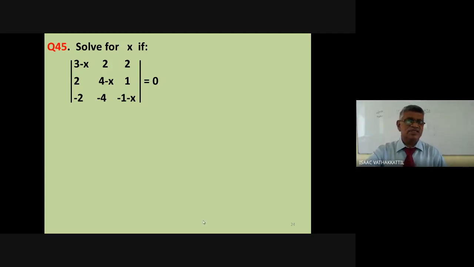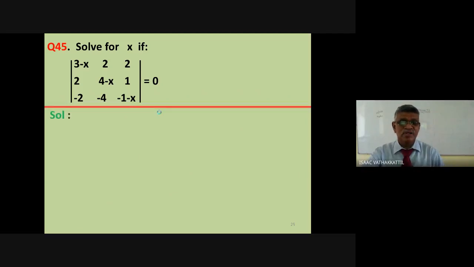So what method? Because if you open it, you may encounter an equation of degree 3. You find it difficult. So we need to apply some properties so that this can be easily factorized. Can you guess? This 2 minus 2, 4 minus 4, 1 minus 1 will help you.